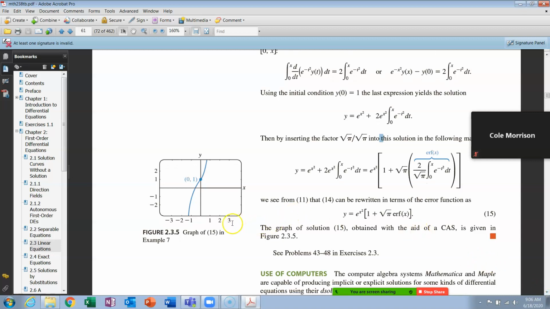So the graph of this, obtained with the aid of CAS, this computer algebra system, I think is what they're called, is given here. There is that. The initial value is right there. It's negative over here and positive over there. Okay? You might say, well, wait a minute, I thought error function is always something between 0 and 1.